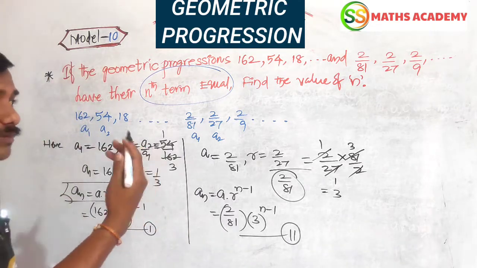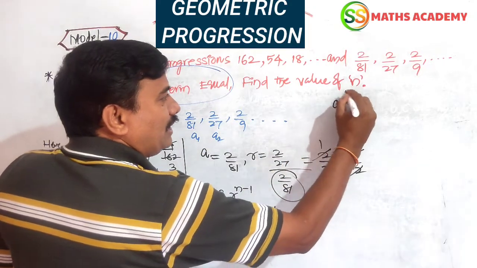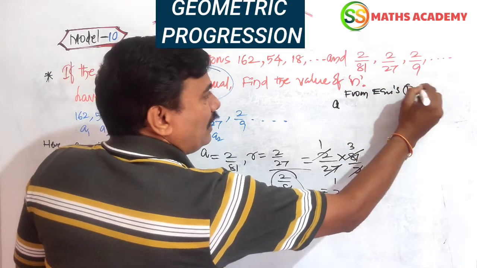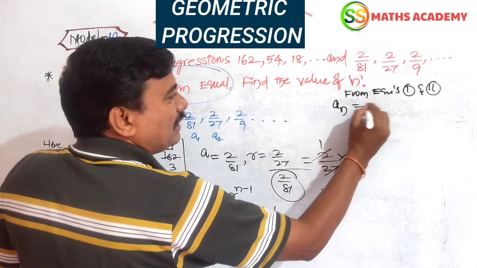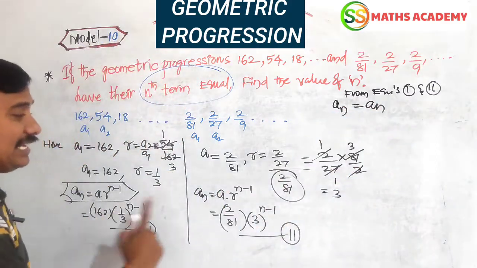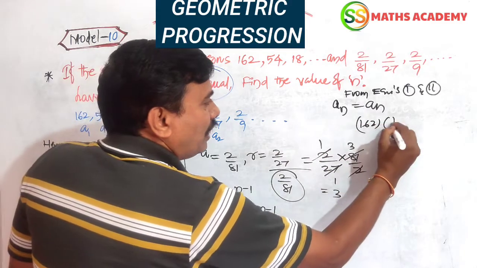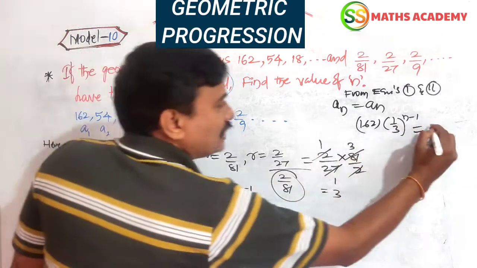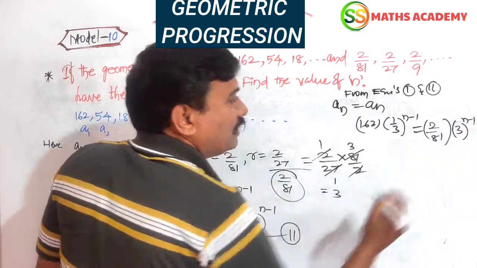From equations 1 and 2, both are equal. First equation is An, the nth terms are equal, which means 162 into 1 by 3 whole to the power of n minus 1. And the second equation is 2 by 81 into 3 to the power of n minus 1.